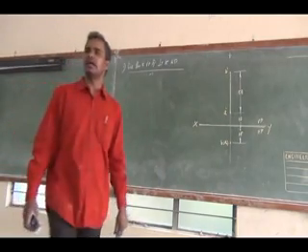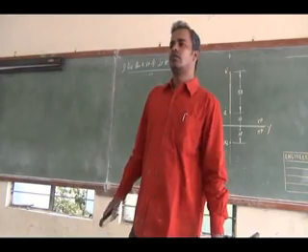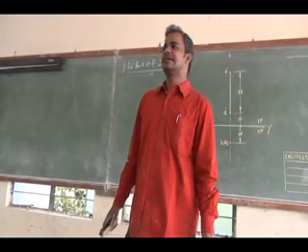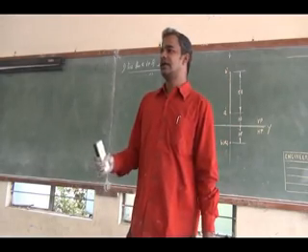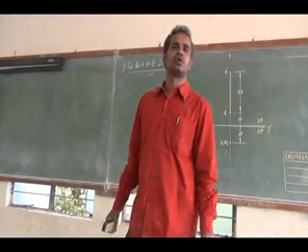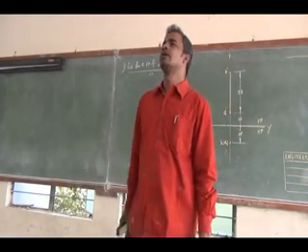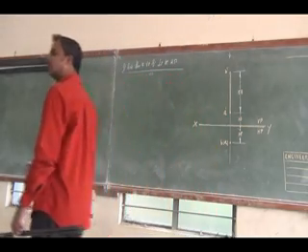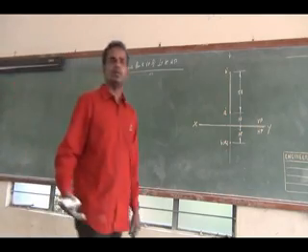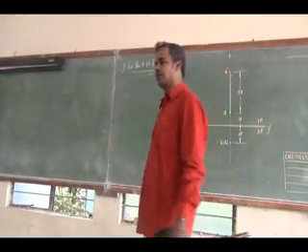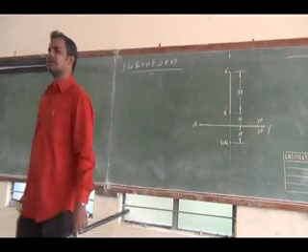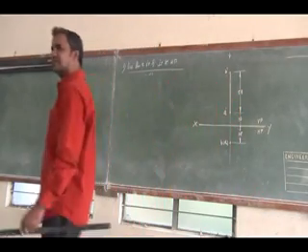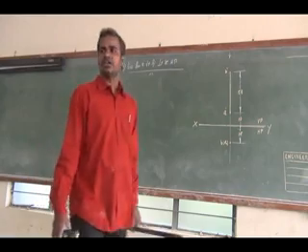A line PQ of length 50 mm has its one end A 15 mm above HP and 15 mm in front of VP, such that the line is parallel to both HP and VP.